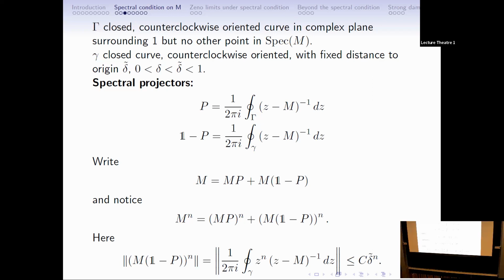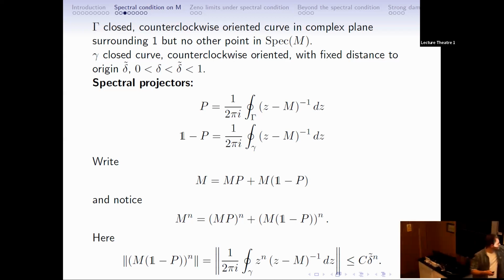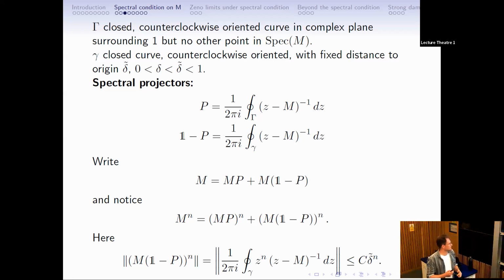But now I only integrate over z which have modulus delta tilde. So this whole operator converges exponentially fast to 0 as n goes to infinity. Therefore the only interesting part in the dynamics as n goes to infinity is the part of M which belongs to the spectrum close to the spectral point 1.